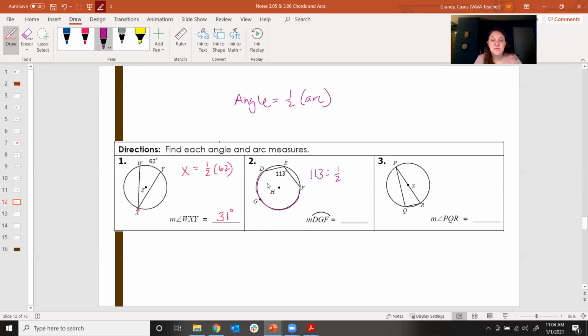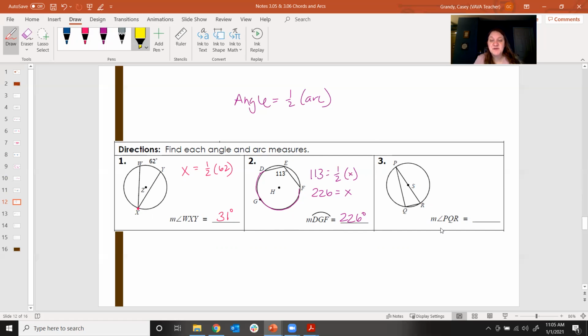You can give it a variable name if that makes it easier to solve. How do I get rid of a half? Well, I multiply by 2. If you divided by a half, you'd get the same thing. So the measure of this missing arc, this whole thing, DGF, is 226 degrees.